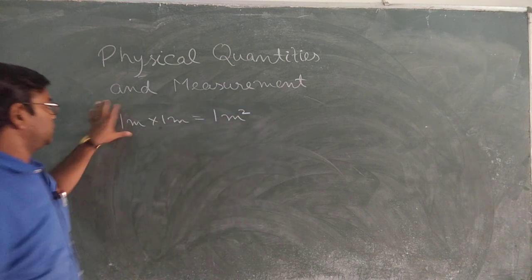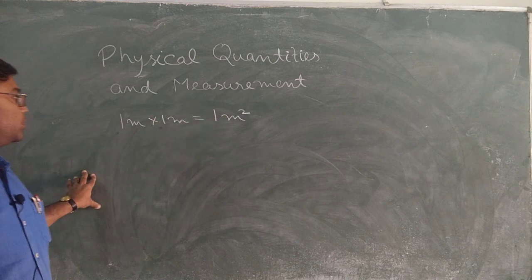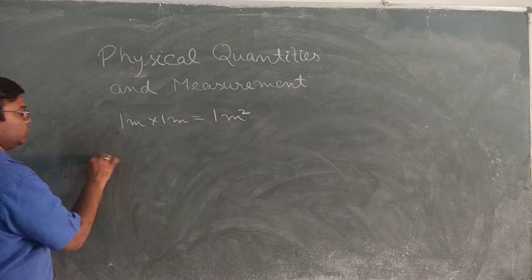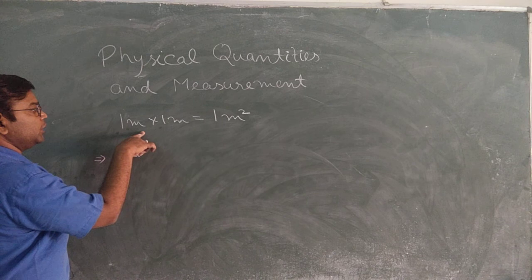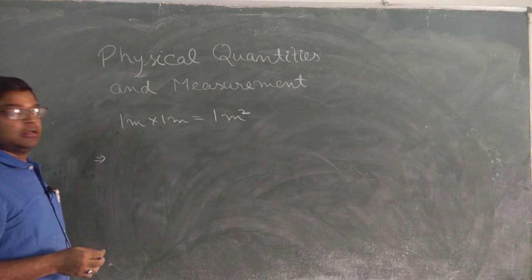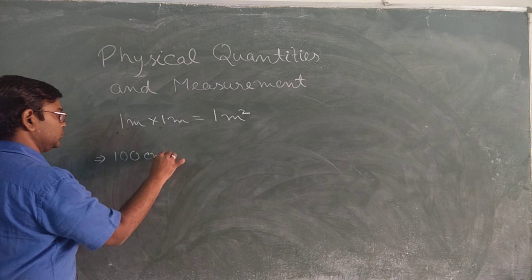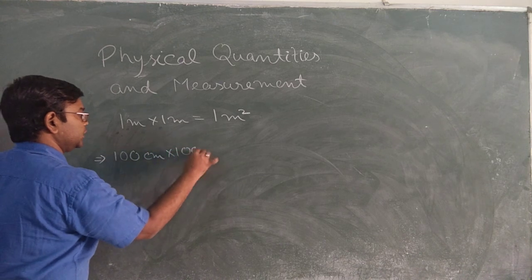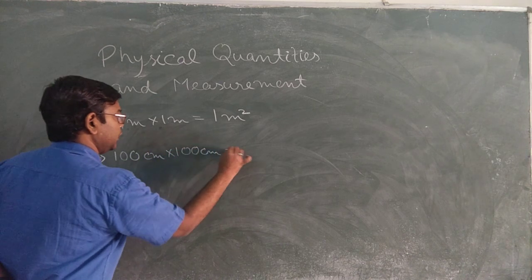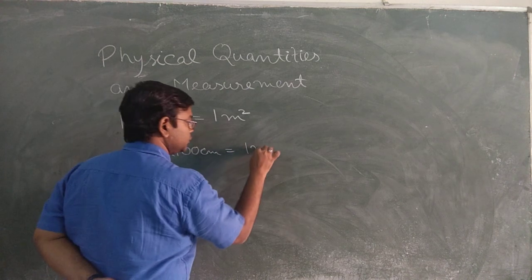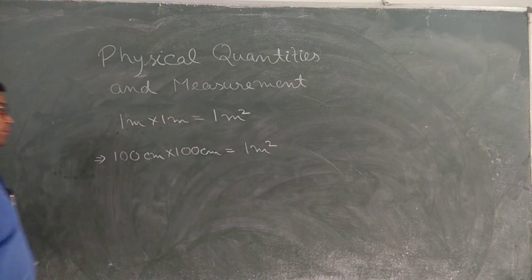Clear? These are all units. And we also know that in 1 meter we have how many centimeters? We have 100 centimeter. Also we have 100 centimeter, and this is also equal to 1 meter square.